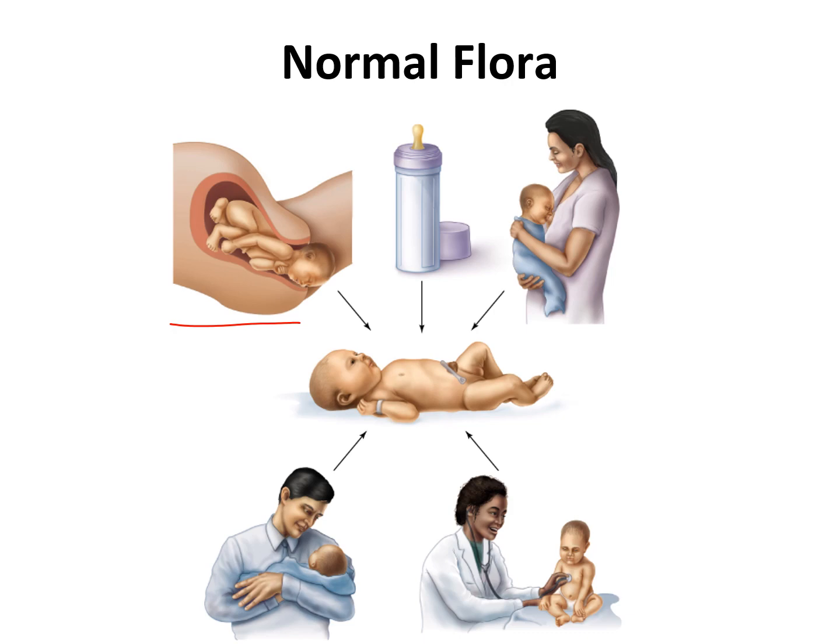Then when the baby is born, inhaling air. Air is not sterile, so the baby acquires microbes that way. And then of course there's food. Any food the baby takes in, again, is not sterile, so the baby is acquiring microbes that way. And any time the baby is touched in any way. So all of that is where you started acquiring your normal flora.